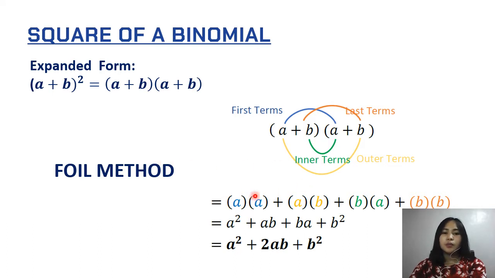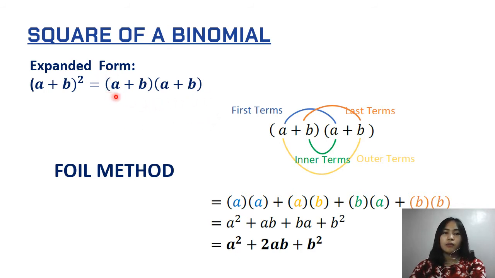Now, if we apply the FOIL method, we will multiply the first terms, which are a and a. So we have a multiplied by a, plus, what's the next step? The outer terms. Our outer terms are a and b.